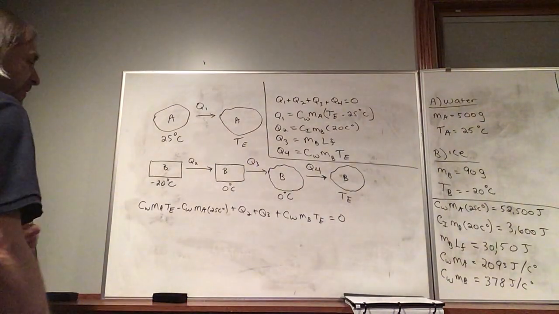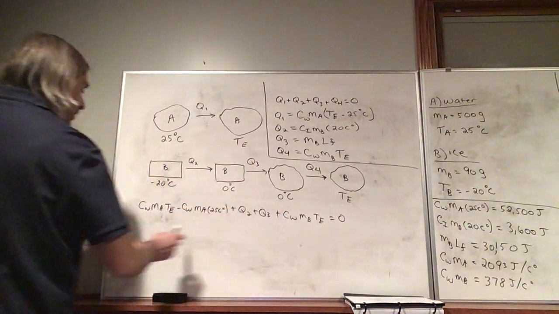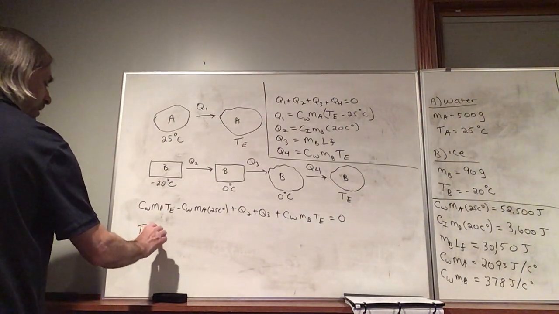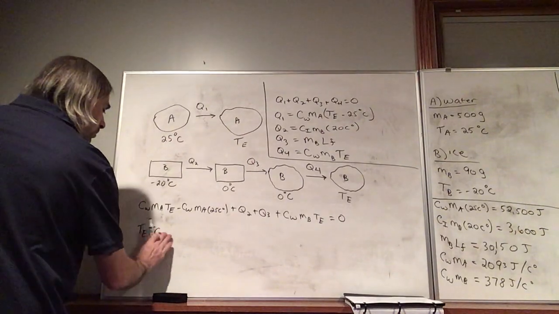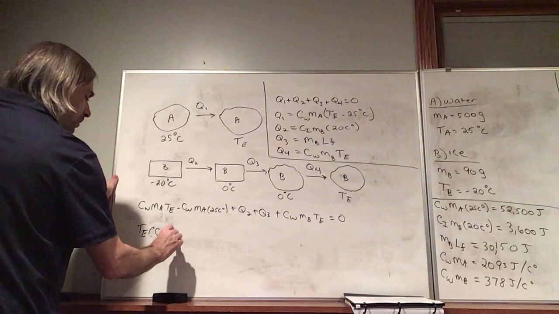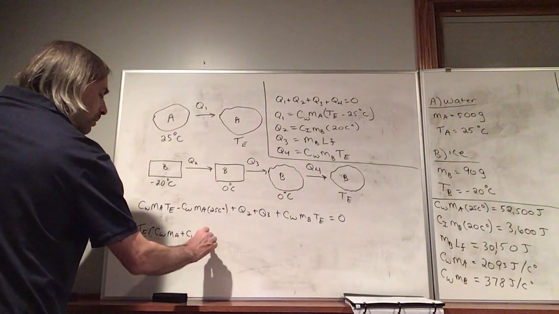And the reason I'm doing it this way is let's combine these two terms that have TE. So we have TE times CW MA plus CWMB.